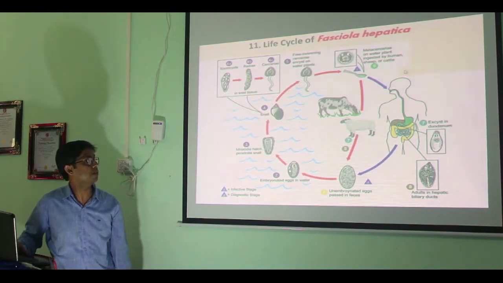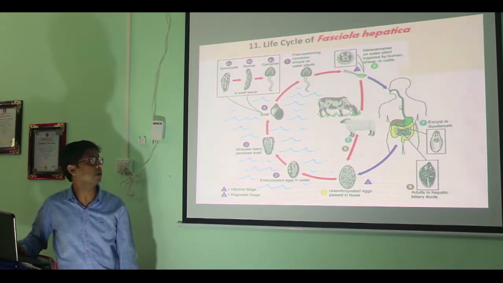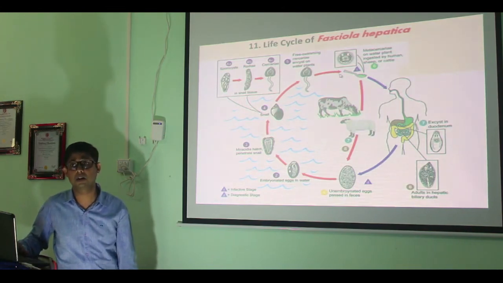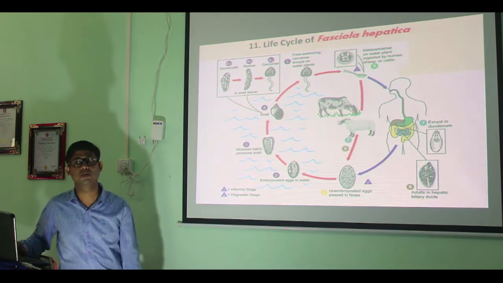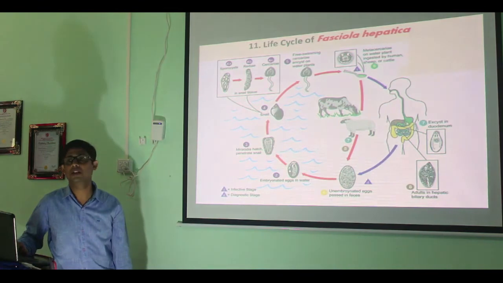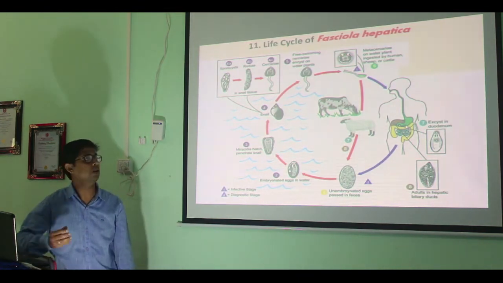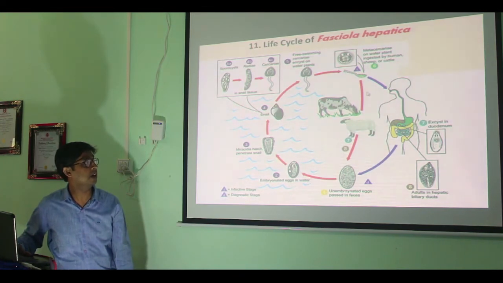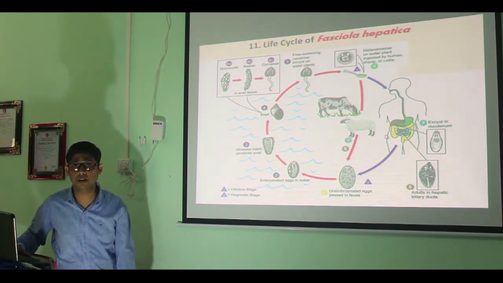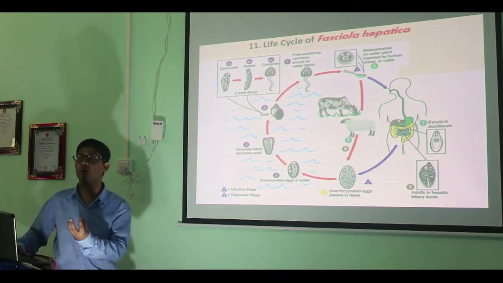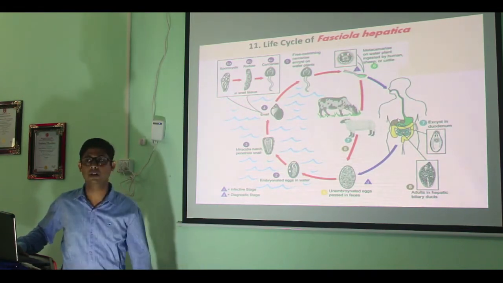The new primary host, either cow or sheep or human being or elephant also, may be infected by the metacercarial larva when they eat water vegetations infected with metacercarial larva. After infection, the metacercarial larva will be inside the digestive system of the primary host, and there they will shed the cyst over the larva, come out of the digestive canal and penetrate the liver, and finally develop into adults and reside inside the liver.